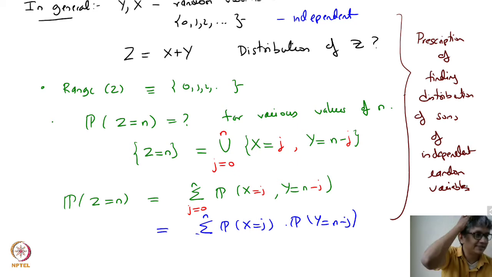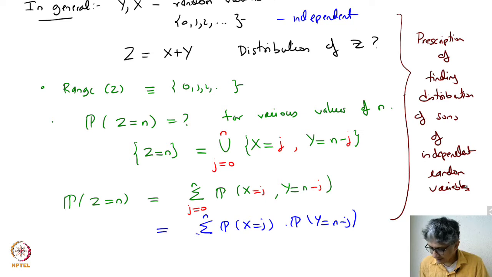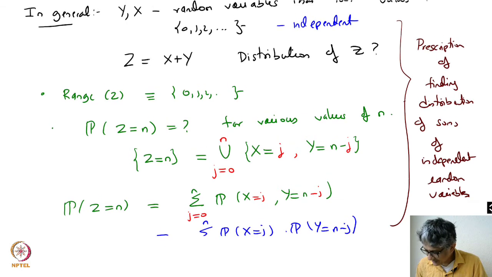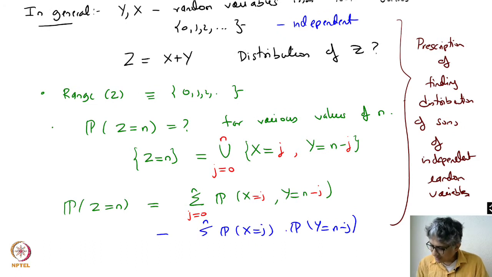So let's see if I can do this for one example. But I want to just spend a couple of seconds on this slide. So this particular step is referred to as the convolution of the two mass functions.